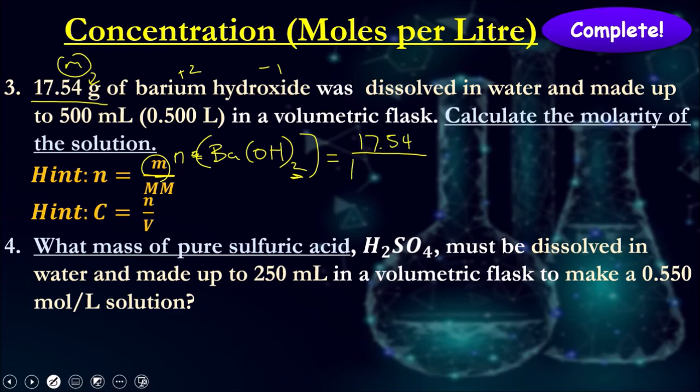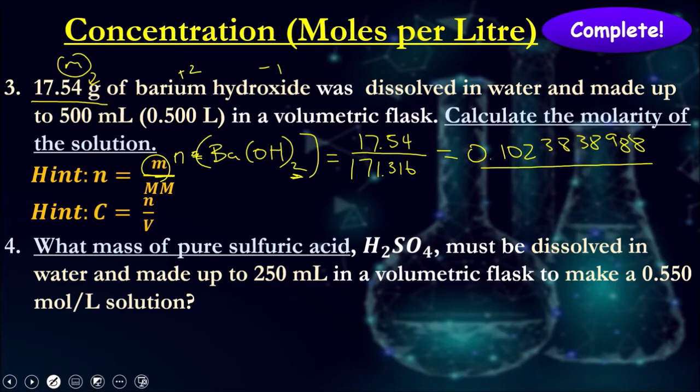So I have overall 171.316 grams per mole. If I then plug that into my calculator, 0.102383 and so forth there. Remember, don't round off until the very end. So I'll just leave that there for now.